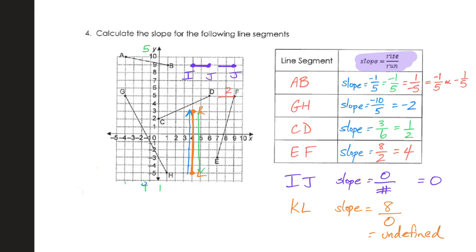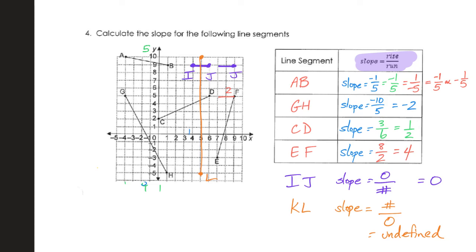And notice, for everything that we did before, I could change the length of KL. Like I could say that KL was here and all the way up to the top. Notice that we would have a different rise in this case, so we would have a different number as our rise. However, our run would not change.